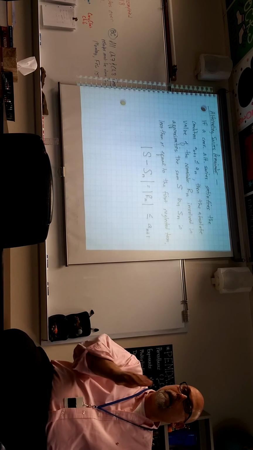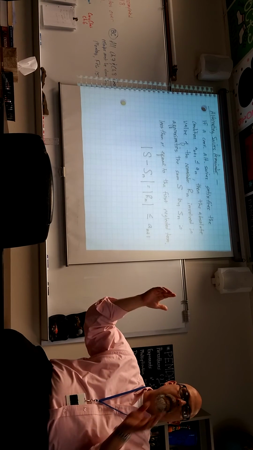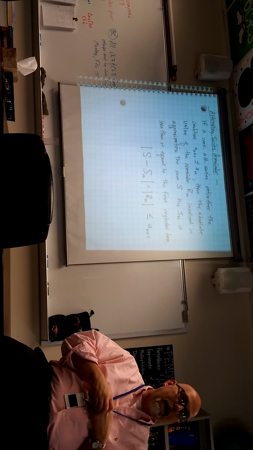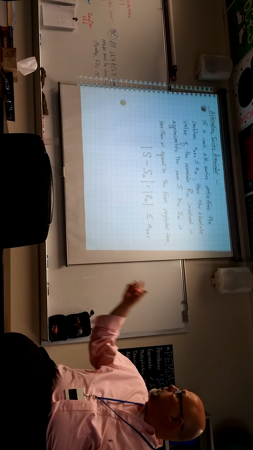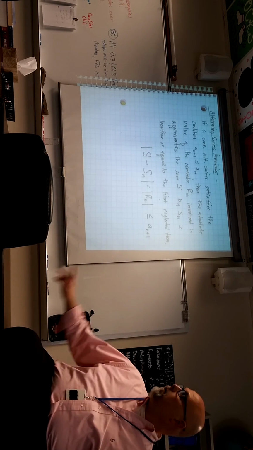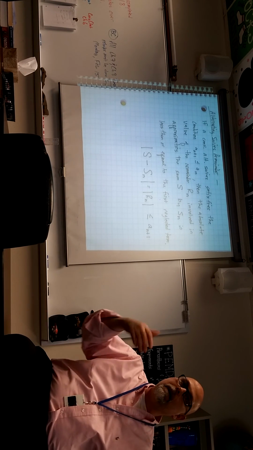The first neglected term, the one I didn't choose. So if I say add up the first 5 terms, the first neglected term would be the 6th term. That remainder has to be, or will be, less than or equal to the 6th, or the n plus 1th term.